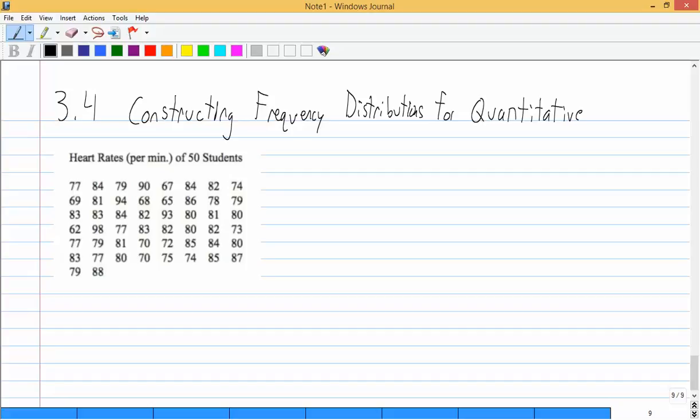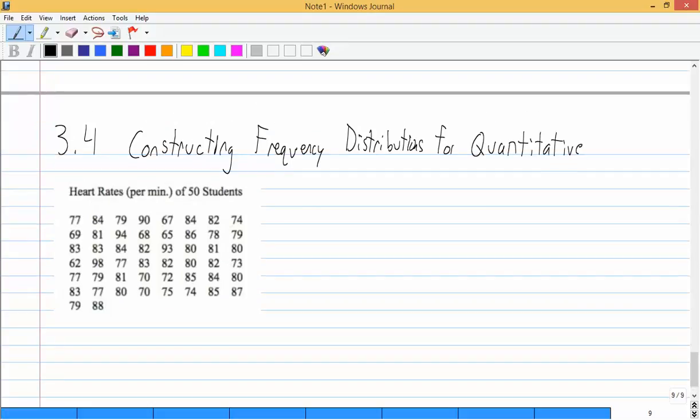But if we were to represent that data in a frequency distribution table, we would go through and construct the number of classes. So that would be the first thing we would need to do. We need to figure out how many classes we want to put in our frequency distribution.